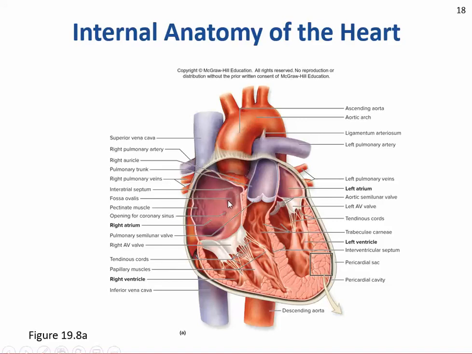Now this spot right here on the interatrial septum is called the fossa ovalis, the oval depression. In the fetal heart, we don't send blood to the lungs because a fetus isn't breathing. It gets its oxygen through the placenta. So we don't bother sending very much blood to the lungs here from the right ventricle.